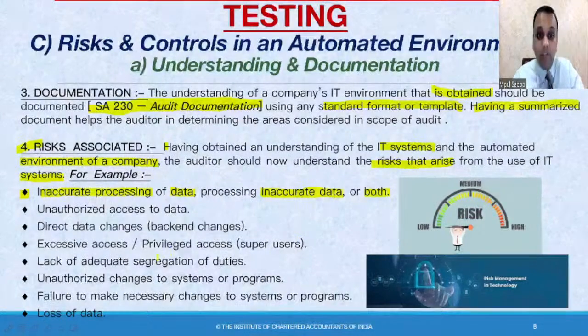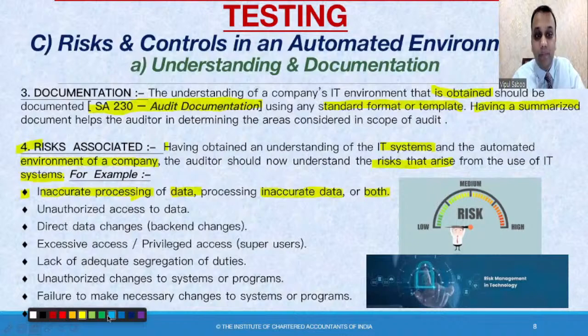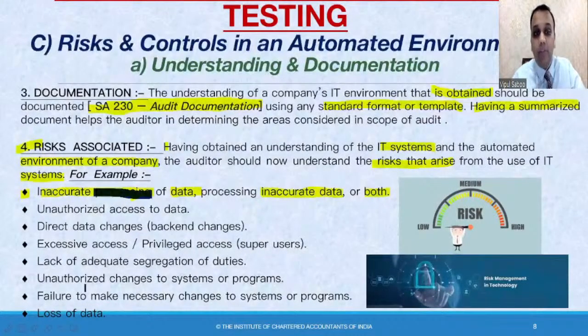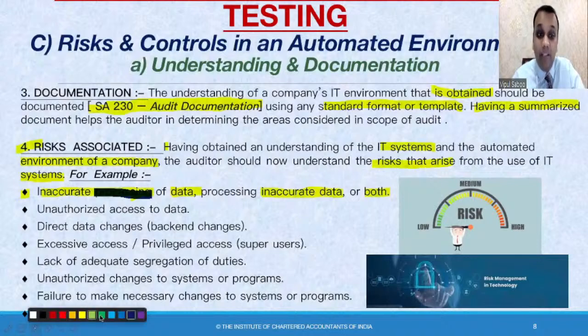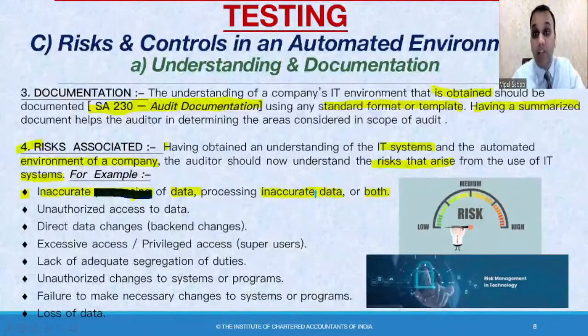In the first case, the data is correct, but there is error in processing of the data. In the second case, the data itself is wrong, the processing is okay.